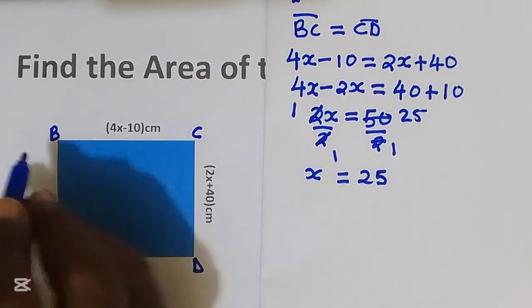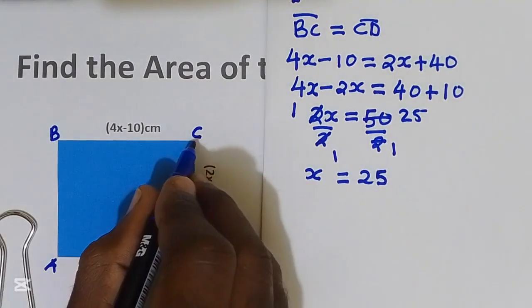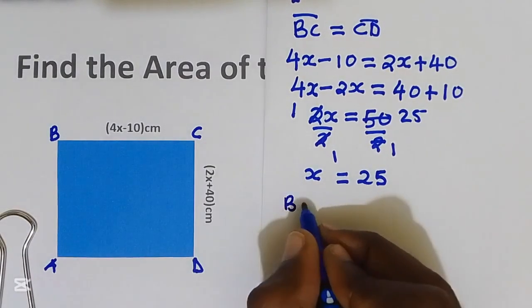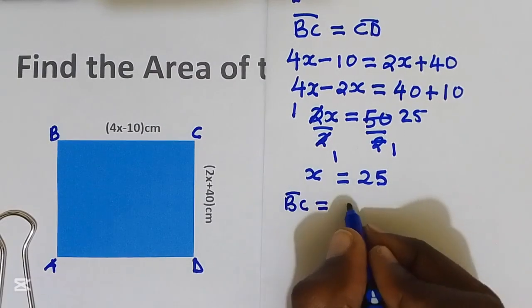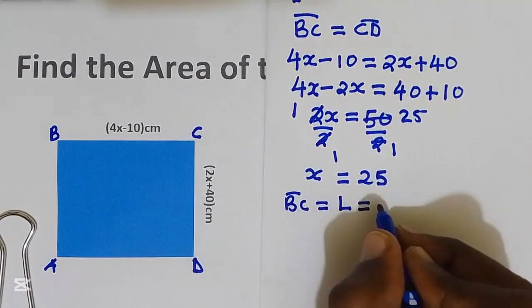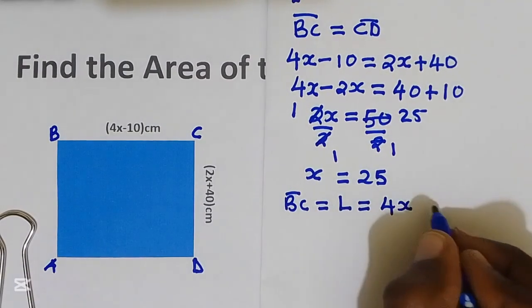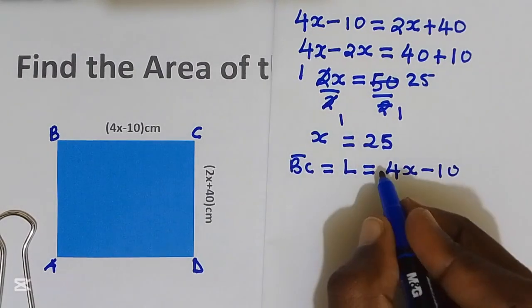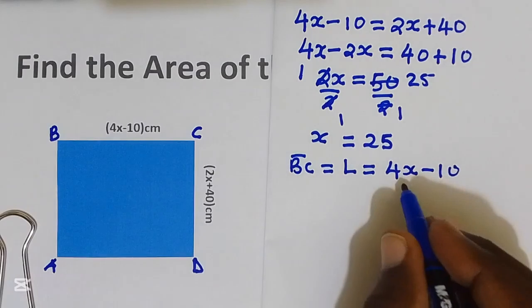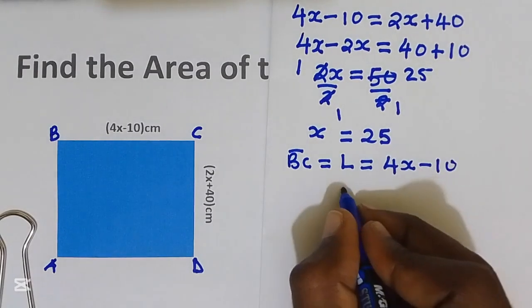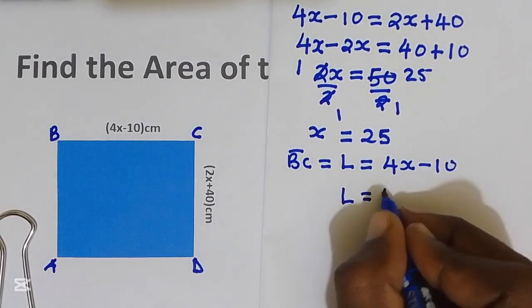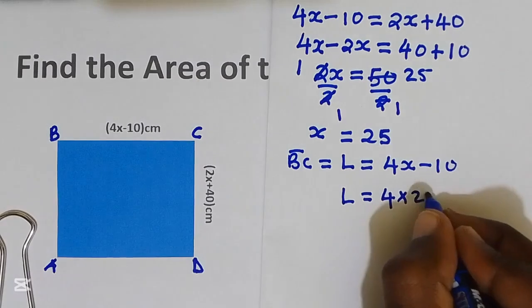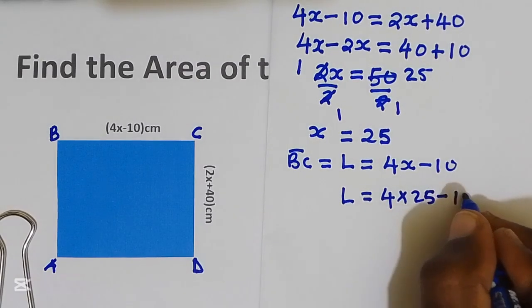But we know distance BC is equal to length. This is equal to 4x minus 10. Substitute the value of x equal to 25 into this expression. We are going to get length is equal to 4 multiplied by 25, take away 10.